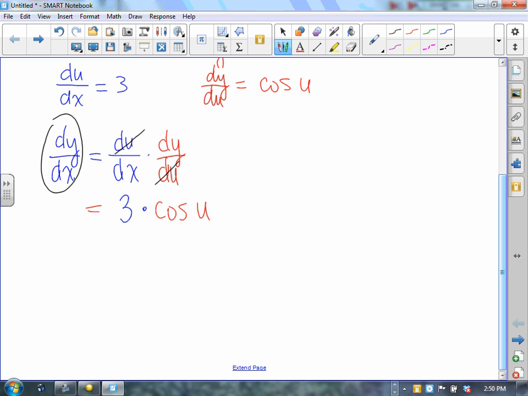So if we want to express it in terms of x, what we must do is then say to ourselves, the derivative of y with respect to x really occurs such that u is equal to 3x. This is what we began with in terms of our substitution. So we'll return and replace u by 3x. And there we have our derivative done correctly.